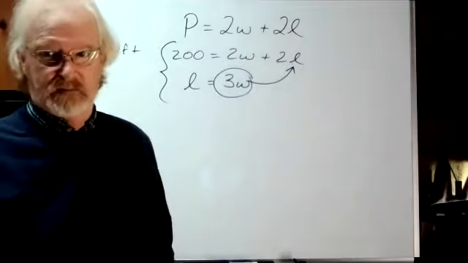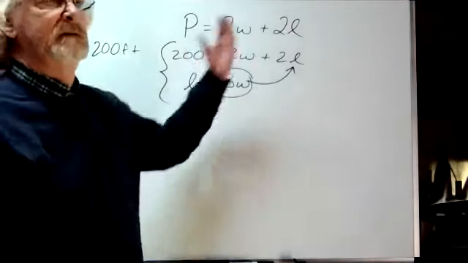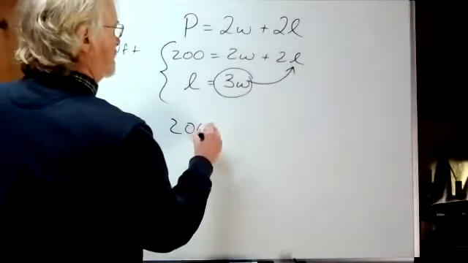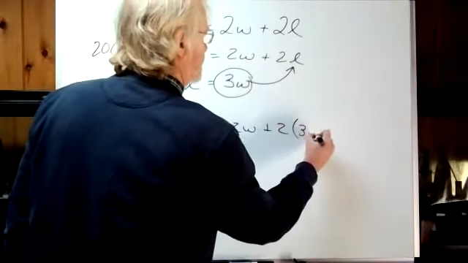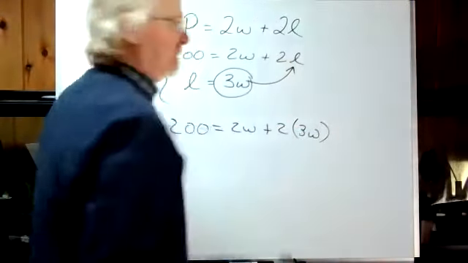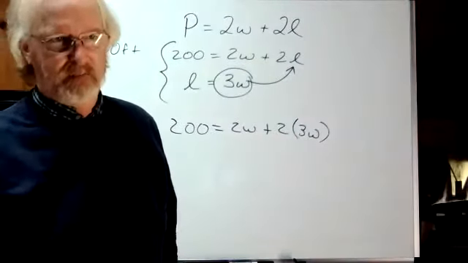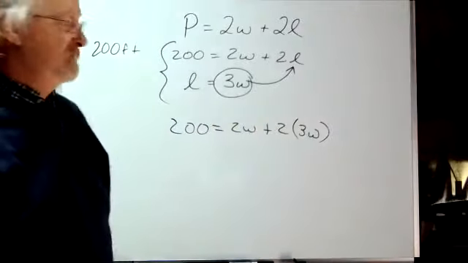We substituted an expression from this equation into the other equation. That allowed us to write a single equation that only had one variable in it. And that's exactly what we're doing today. This is an example of the substitution method.